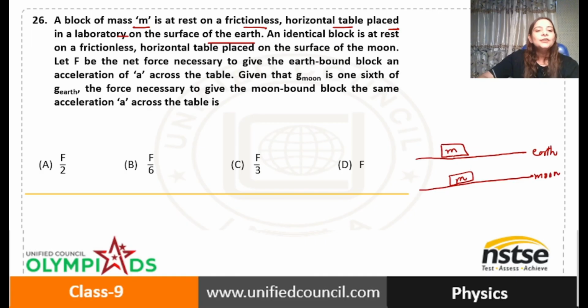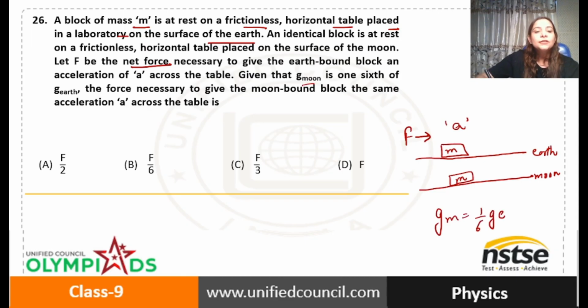Let F be the net force necessary to give the earthbound block an acceleration A. So if we provide force F, it gives the block an acceleration A on the surface of earth. We know that g of moon is 1/6 of earth.